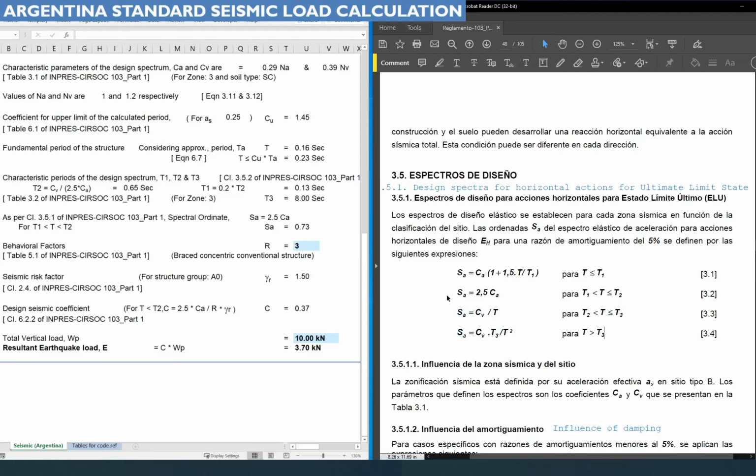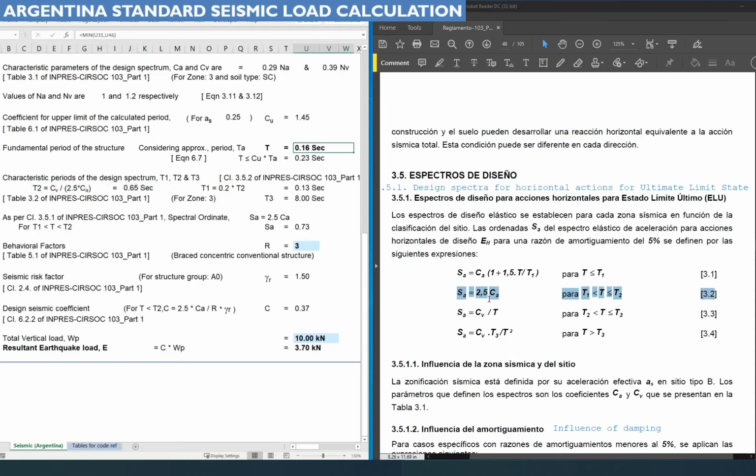Our case falls under the second equation. Here, the T1 value is 0.13 second, which is less than our fundamental period T equal to 0.16, and T2 is 0.65 second, which is greater than 0.16 second, our fundamental period.